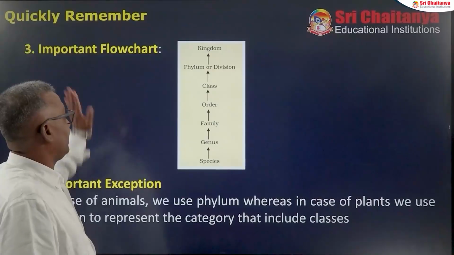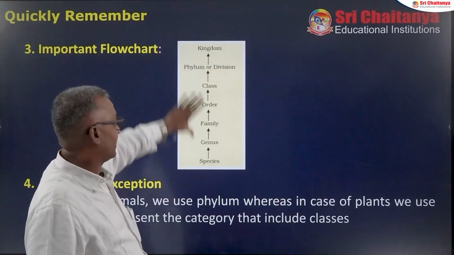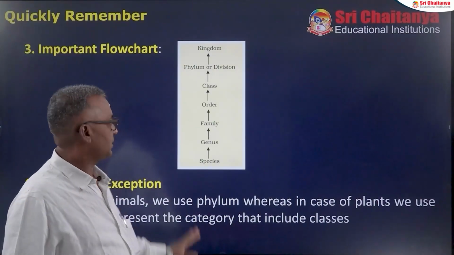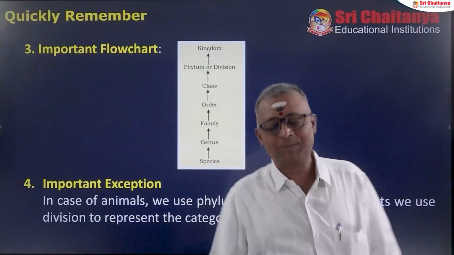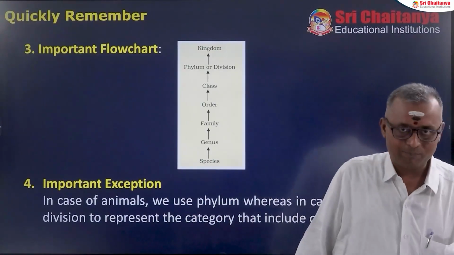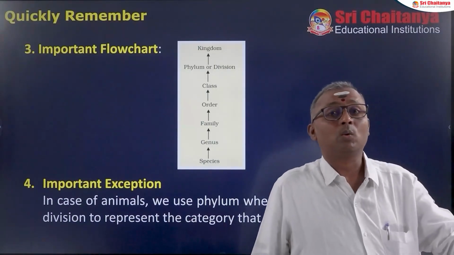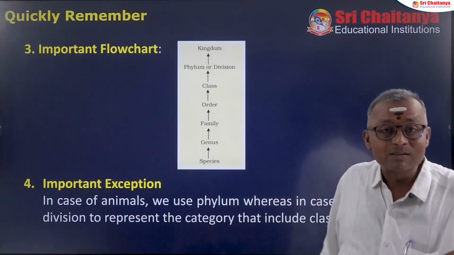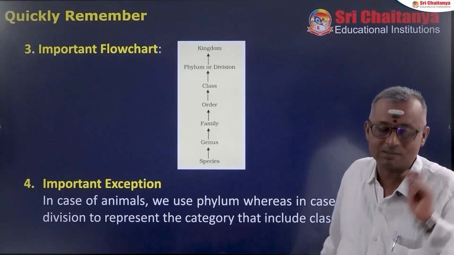The important flow chart of this chapter is the hierarchy of categories given in the textbook. This flow chart you have to remember. There is also one important exception in this chapter. The term phylum is used as a category to represent animals, whereas we use division for plants.